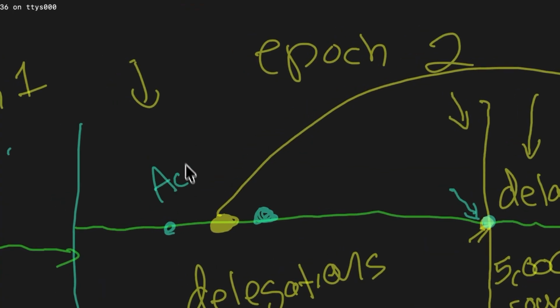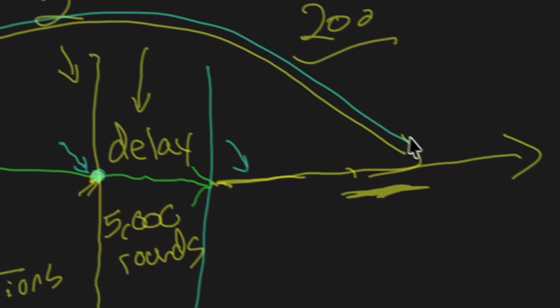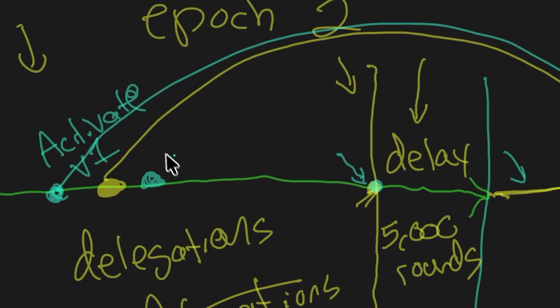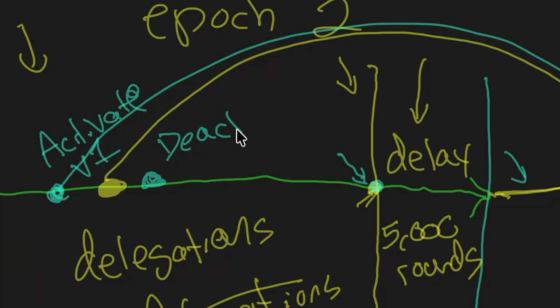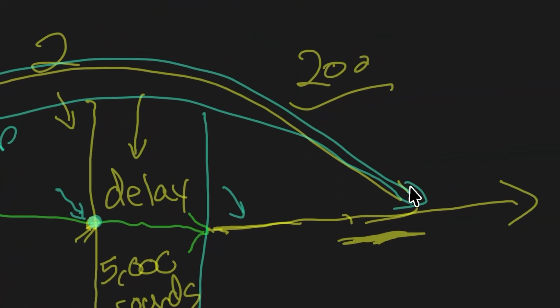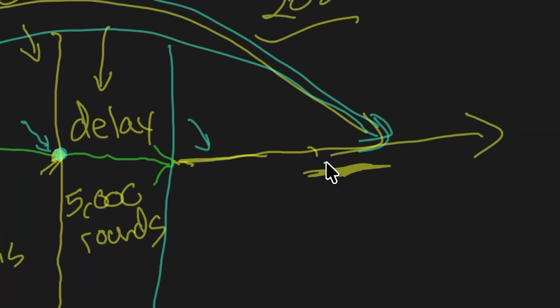So if you activate on validator 1 right here, that'll be activated stake in the next epoch. If you deactivate on validator 2 right here, that'll be undelegated in the next epoch, and you can withdraw it then.